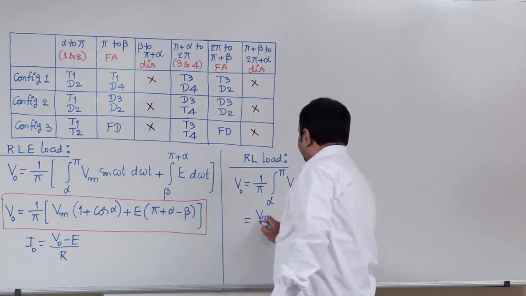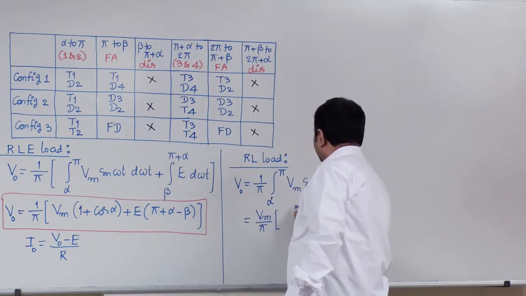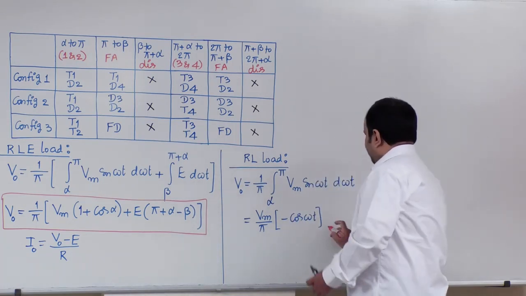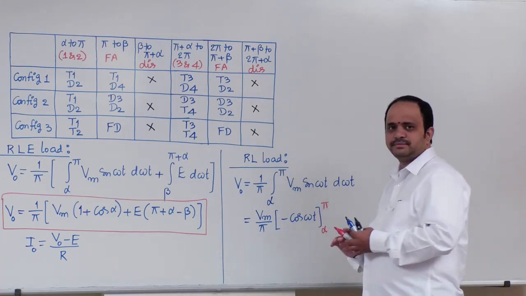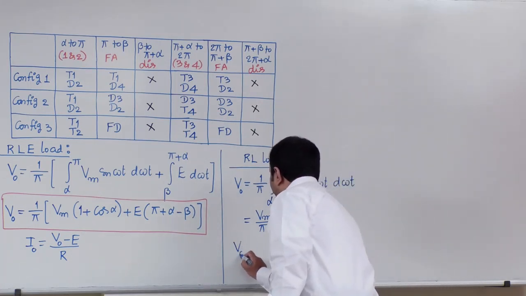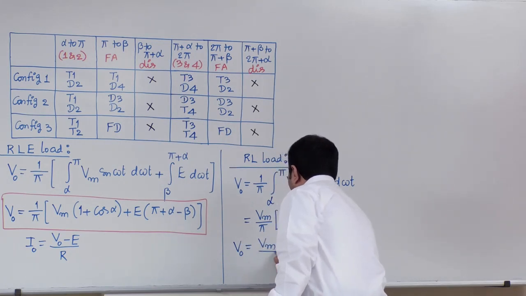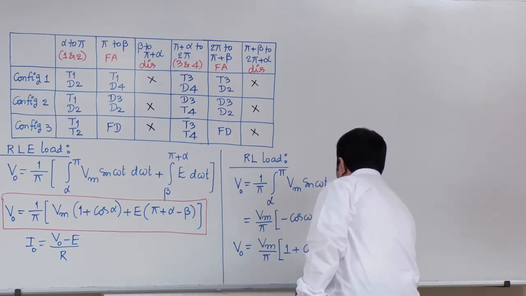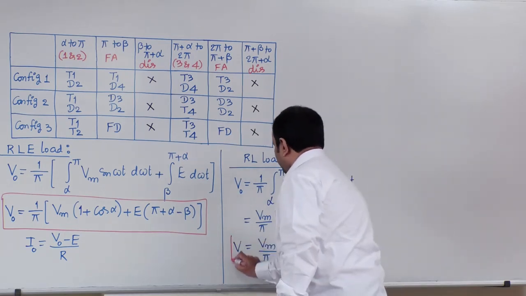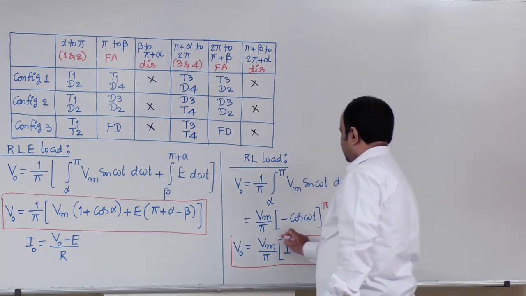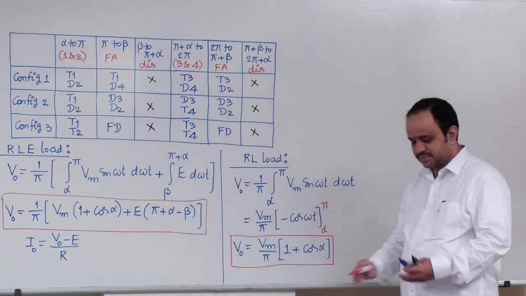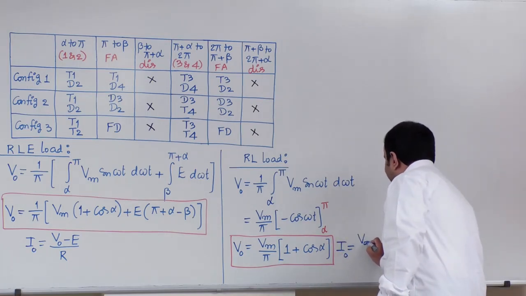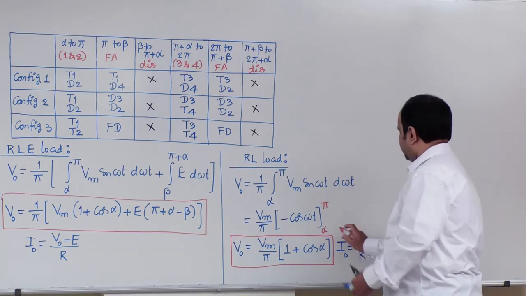Therefore, it gives Vm by pi times minus cos omega t, limits from alpha to pi. So V naught is equal to Vm by pi multiplied by 1 plus cos alpha. After this, how can you express I naught? That is equal to V naught by R.